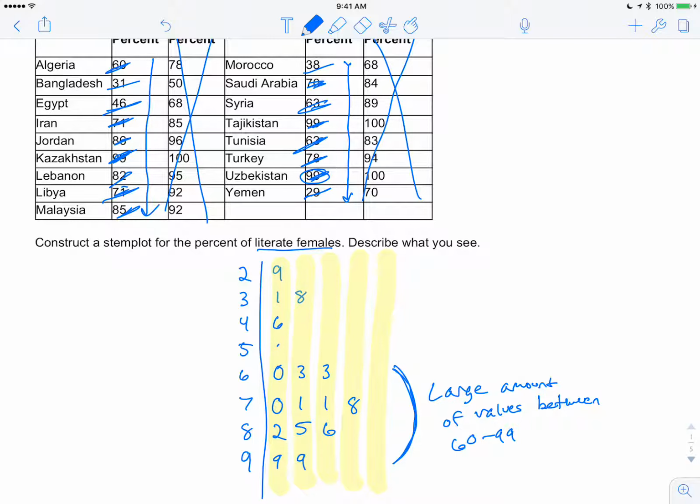So you might say to someone, the majority of these countries have literacy rates between 60 and 99%. That could be a statement that is truthful. Down here, we could say there is a smaller cluster outside the majority of the data.